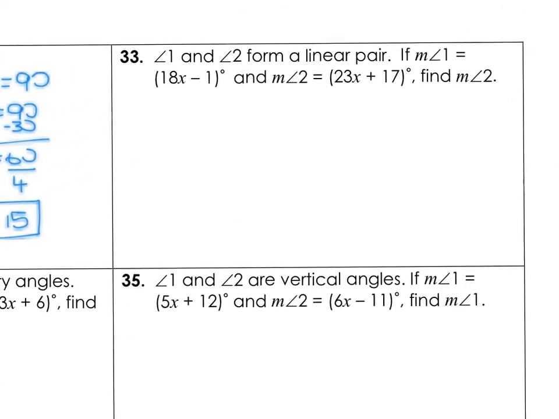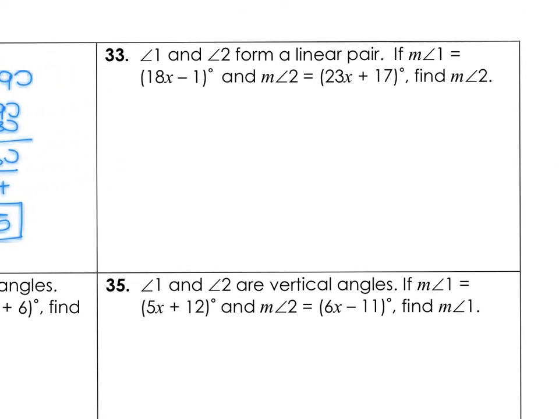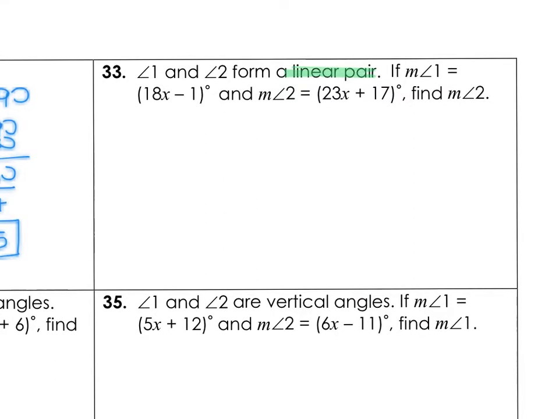The next one, a linear pair, supplementary. And supplementary means that they add up to 180.